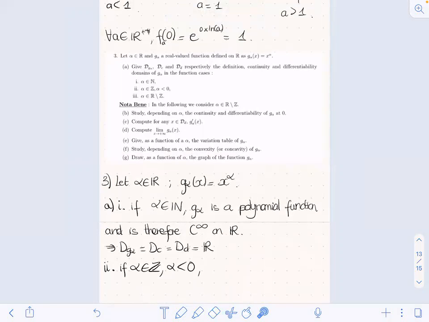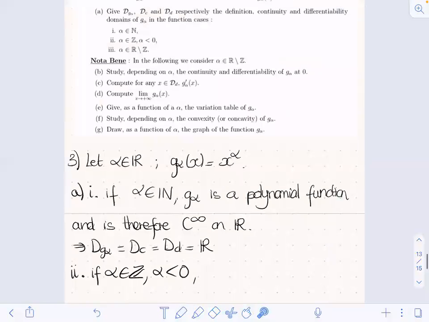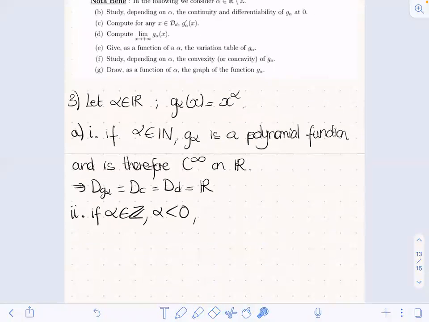Where is 1 over x defined? On R star. Yeah, absolutely. So 1 over x is defined on R star, and that generalizes to x to the power alpha with alpha negative. Basically, in this case, g alpha is a rational fraction.